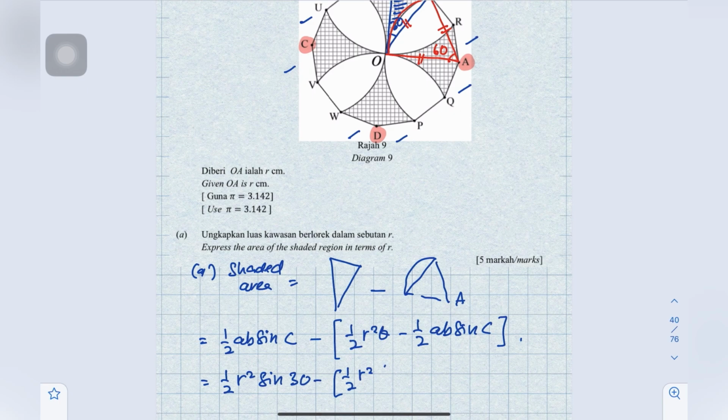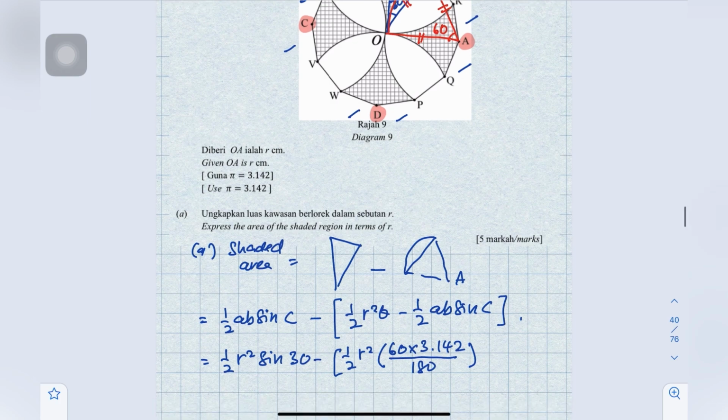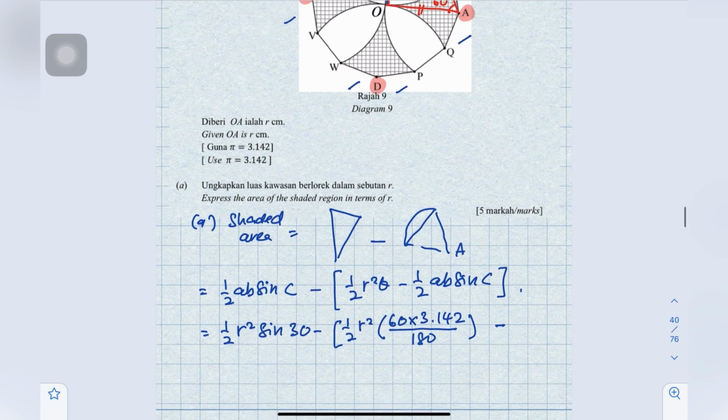So convert: 60 times 3.142 over 180. Then minus 1/2 ab, so r, r squared sin 60.